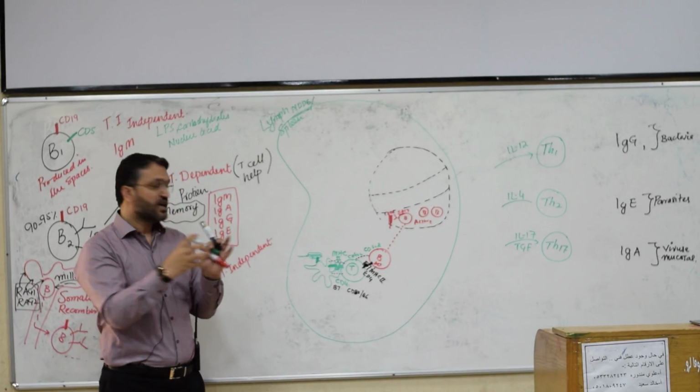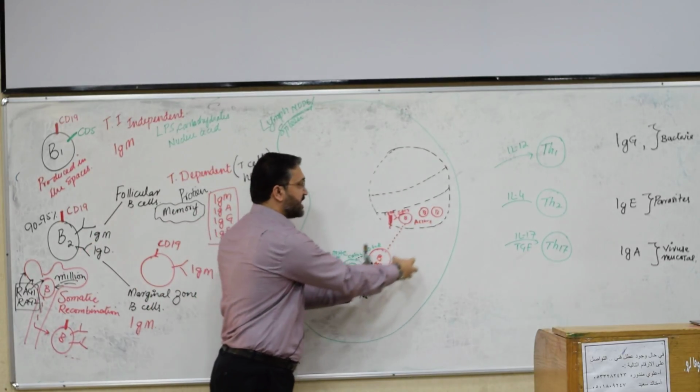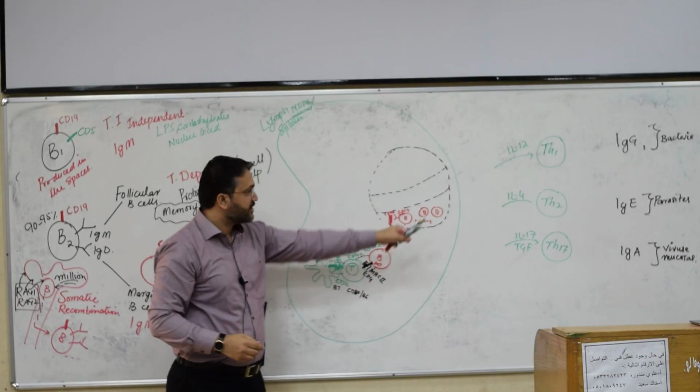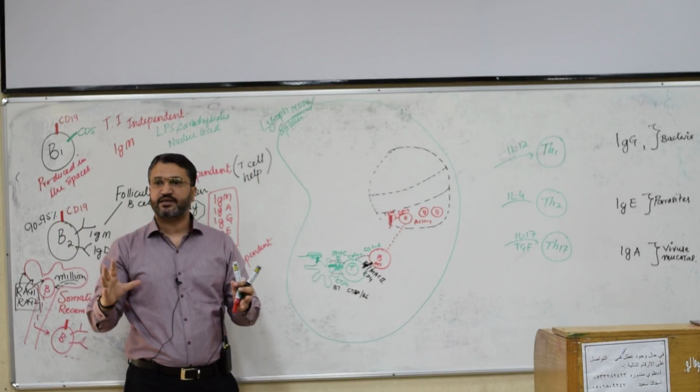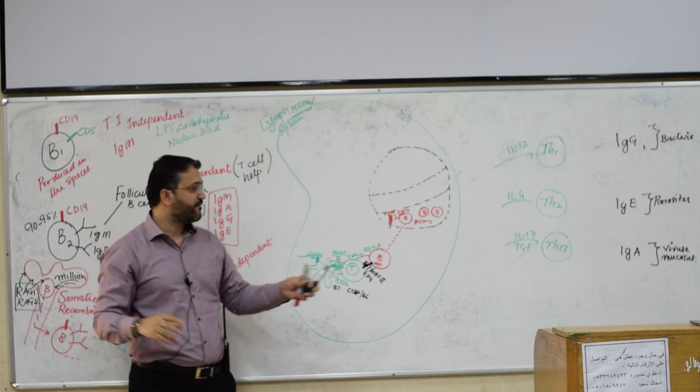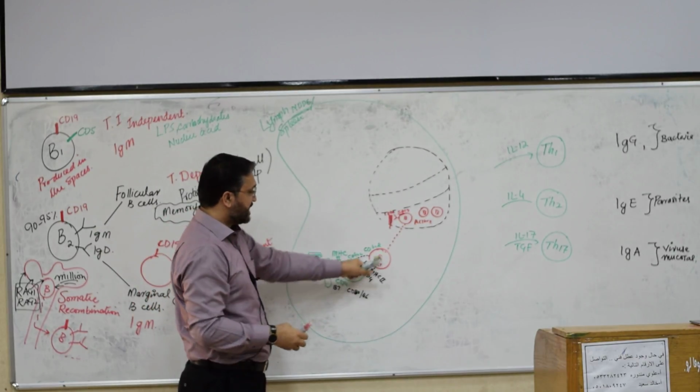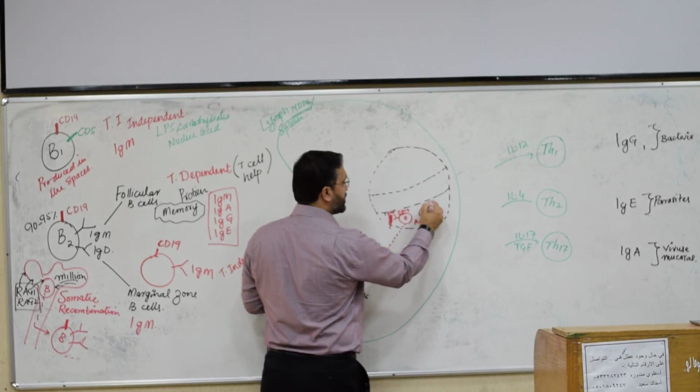This combination, B cell with T cell, will move into the germinal center, and now the multiplication of the B cell is very rapid. They can multiply very, very fast. That's why the B cell number increases too much here.